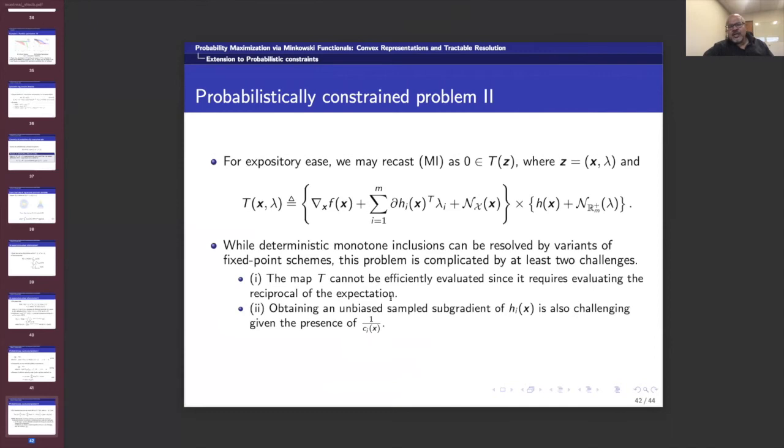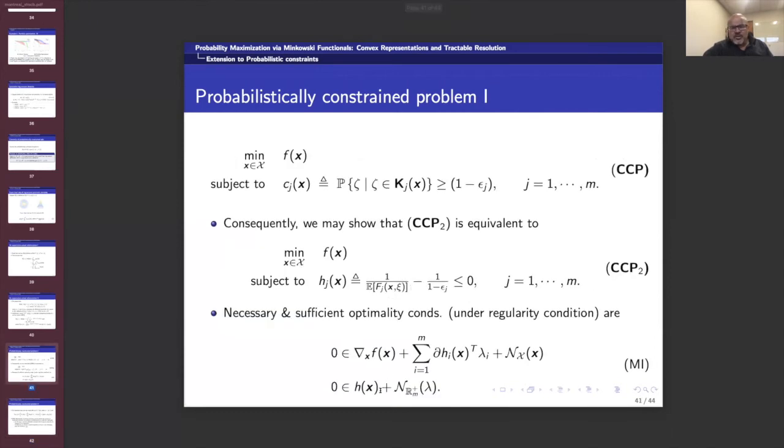Further, it's not possible for you to get an unbiased gradient of H sub j because you have a reciprocal of the expectation, right? So the same problems that occurred in the original regime also manifest themselves here.